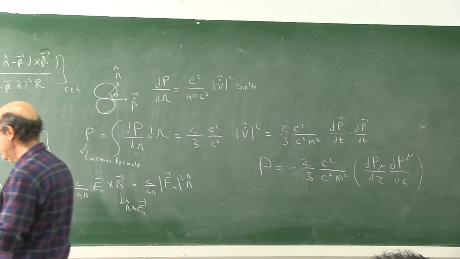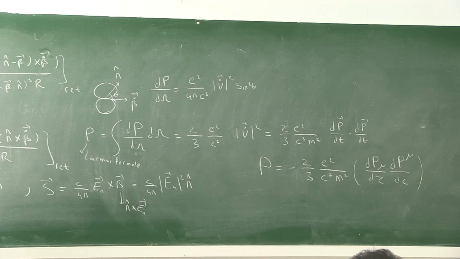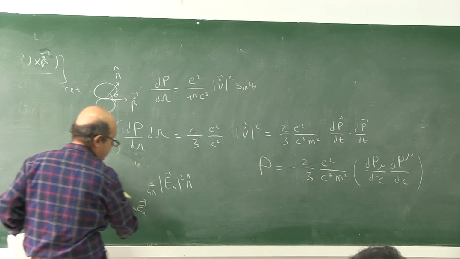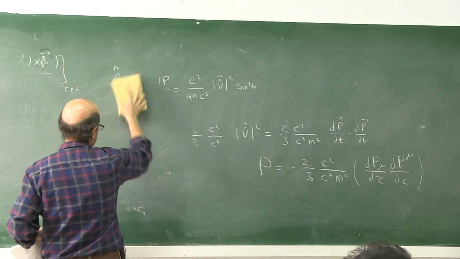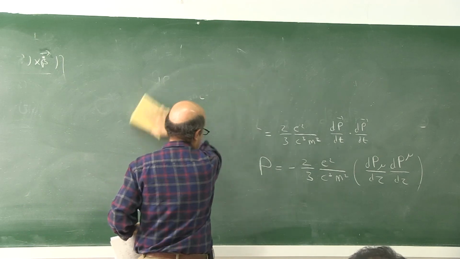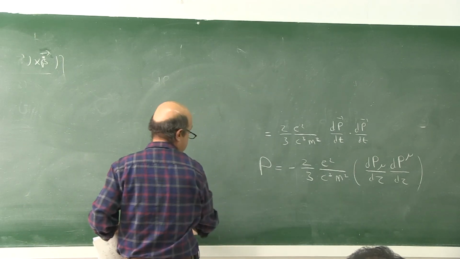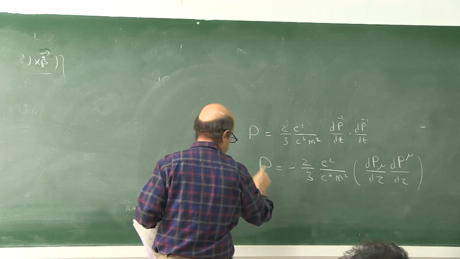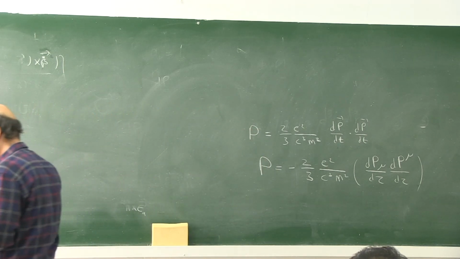So let us start our calculation. Today, in the whole course, we will investigate what this formula is telling us. We can keep this for the moment: this is the Larmor formula, and this is the relativistic general formula.